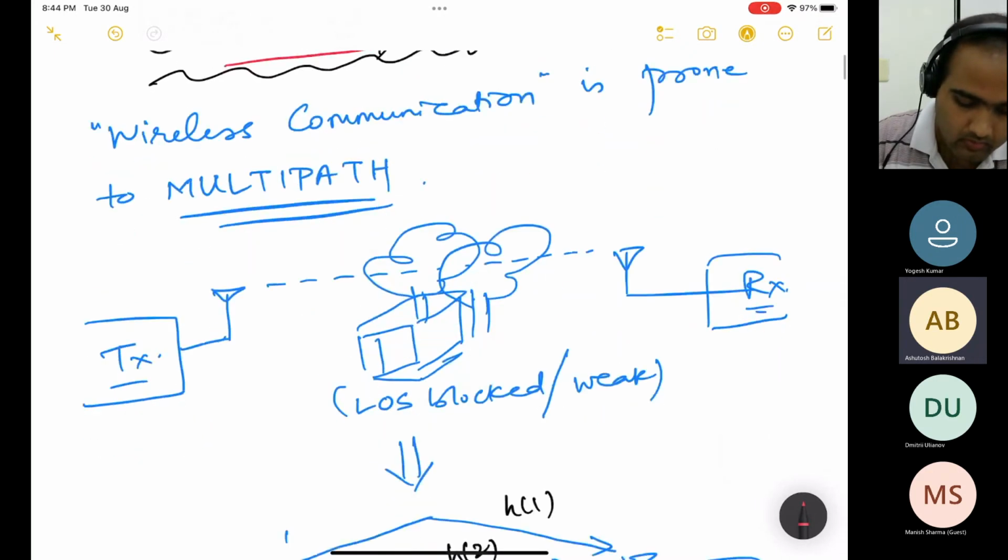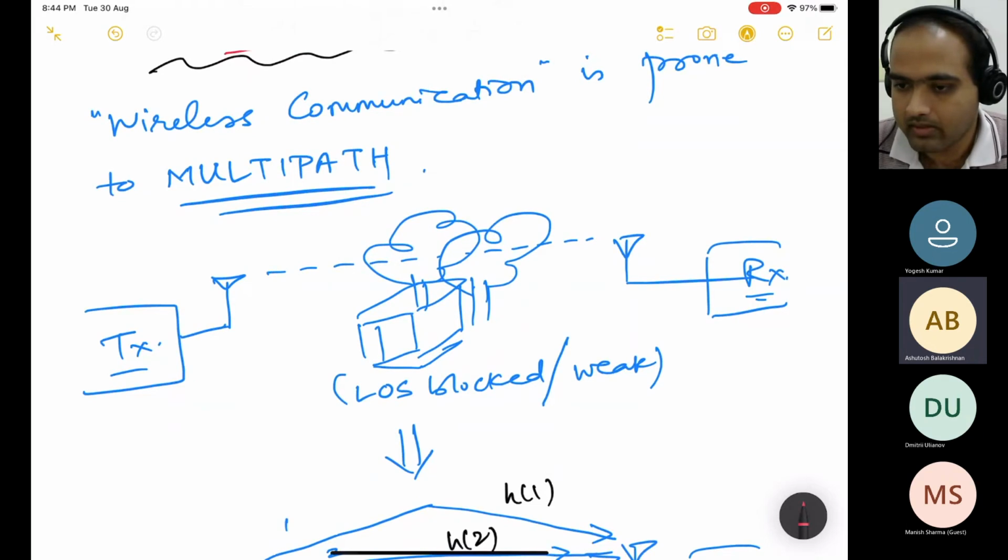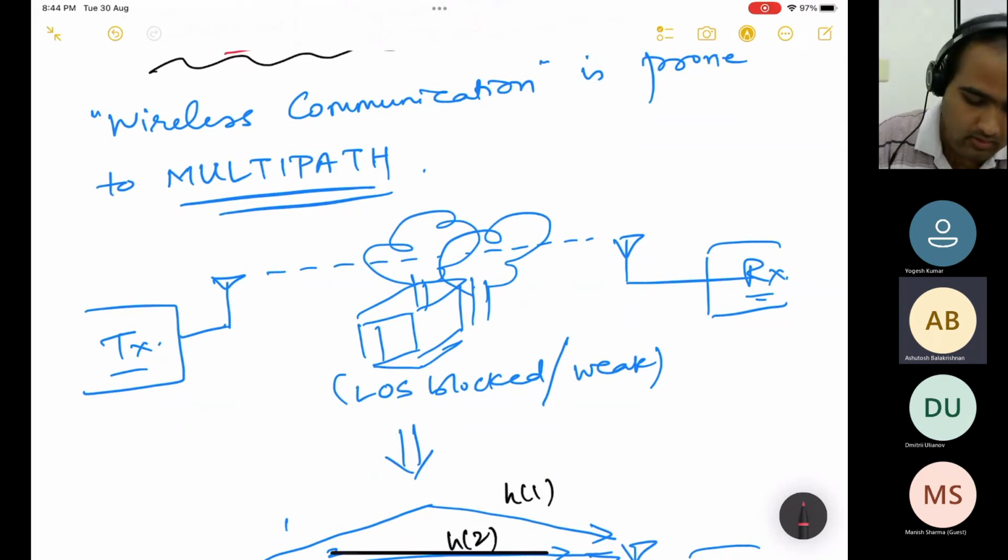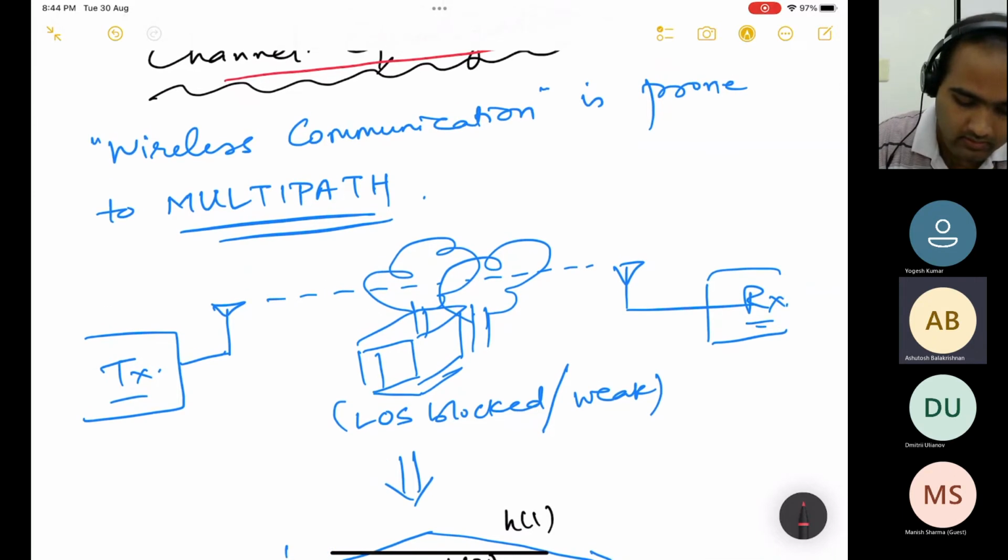Currently we are studying about wireless communications. So the link or path between the transmitter and receiver is not dedicated.